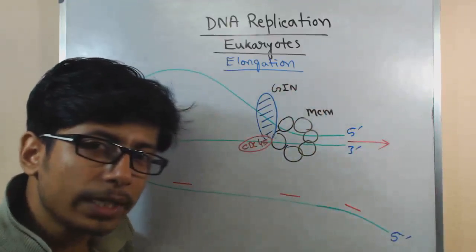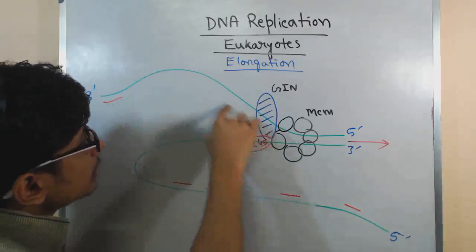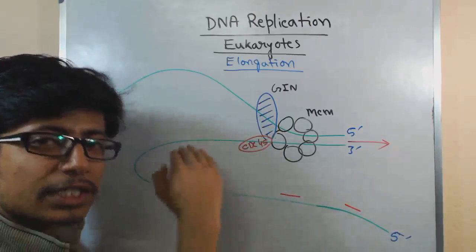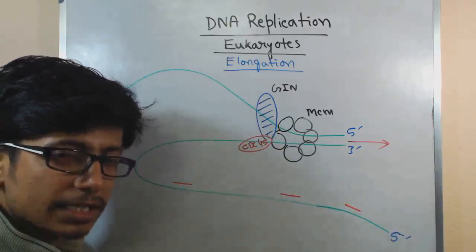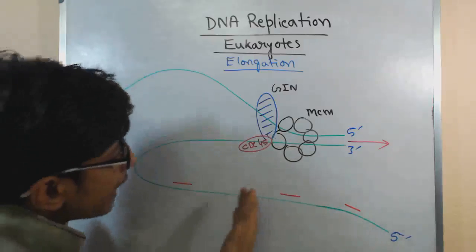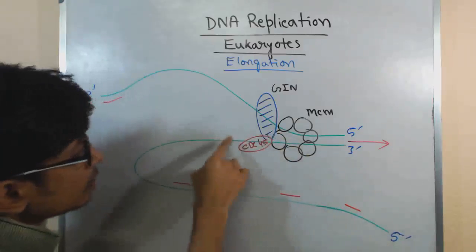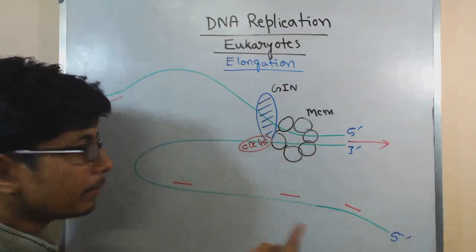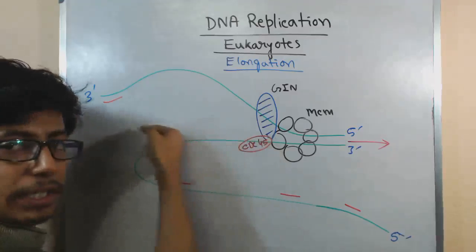It is completely supported, and the strand that is synthesized here is called the leading strand, because the directionality of this strand synthesis is the same as the directionality of the fork movement. But on the other hand, the other strand is opposite, 3' to 5'. To synthesize 5' to 3', we need to go in this direction.